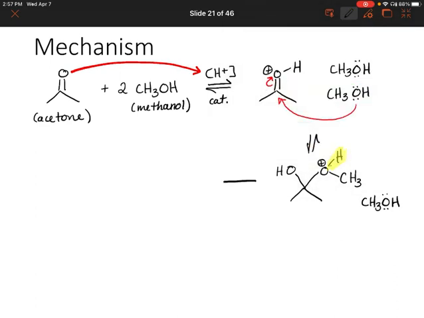So I'm just going to abbreviate that as plus minus a hydrogen. So we're removing the yellow hydrogen and then adding it onto the other side.